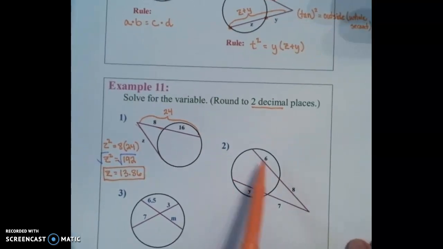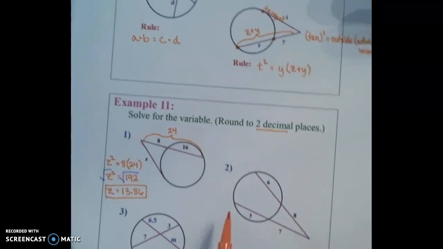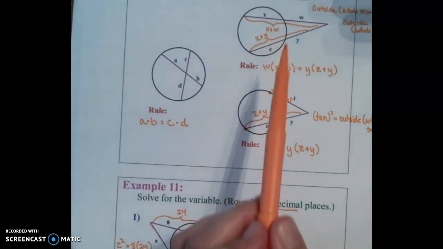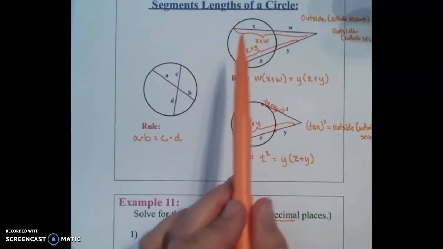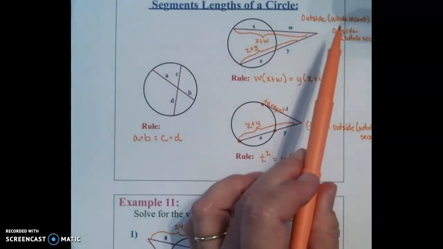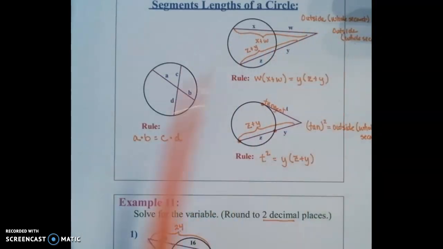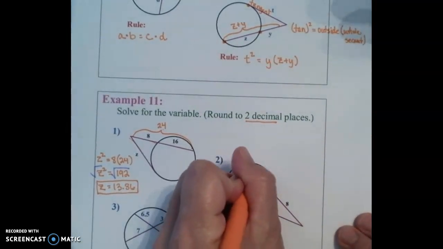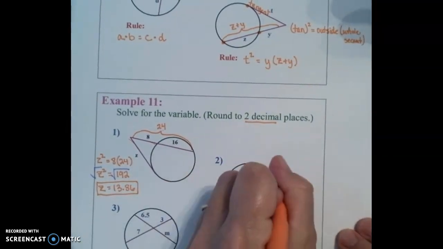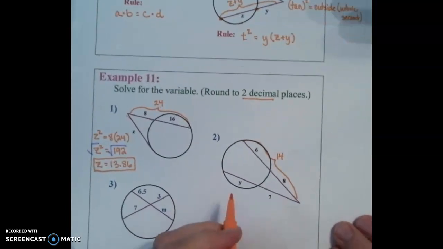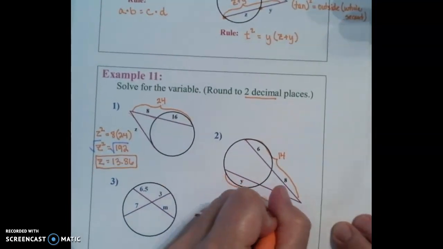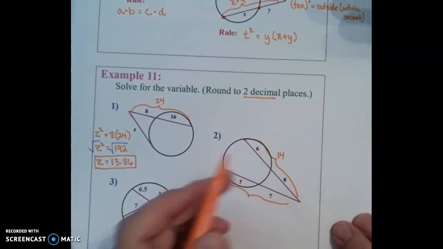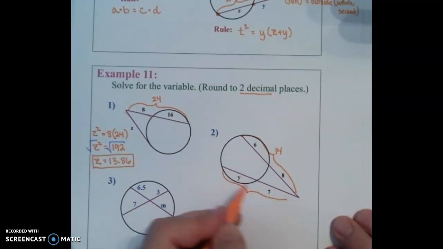All right, so for example 2, if you look up at your 3 cases, it's like this first case we talked about. Outside times the whole secant is equal to outside times the whole secant. So let's go ahead and figure out the length of both secants. I added 6 to 8 to get 14. This side I have a variable, that's okay.